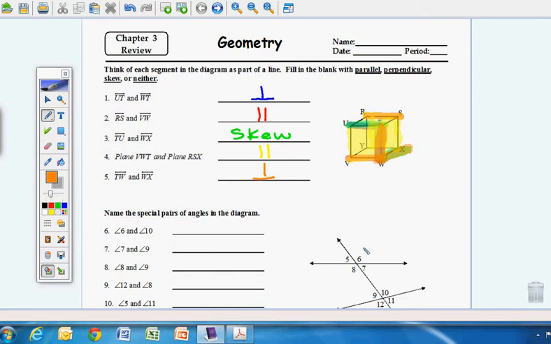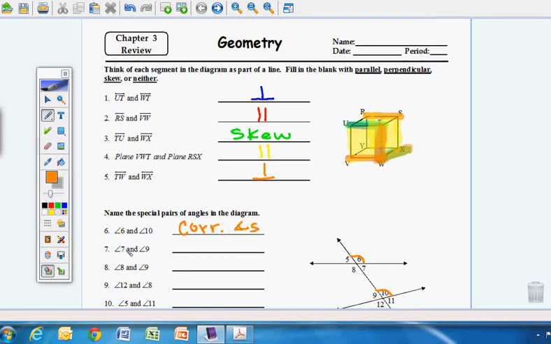So if we take a look over at the diagram, here's angle 6 and angle 10. Now, we're not saying that these are parallel lines, we're just looking at the special angles and the locations of those. So these are actually going to be corresponding angles.